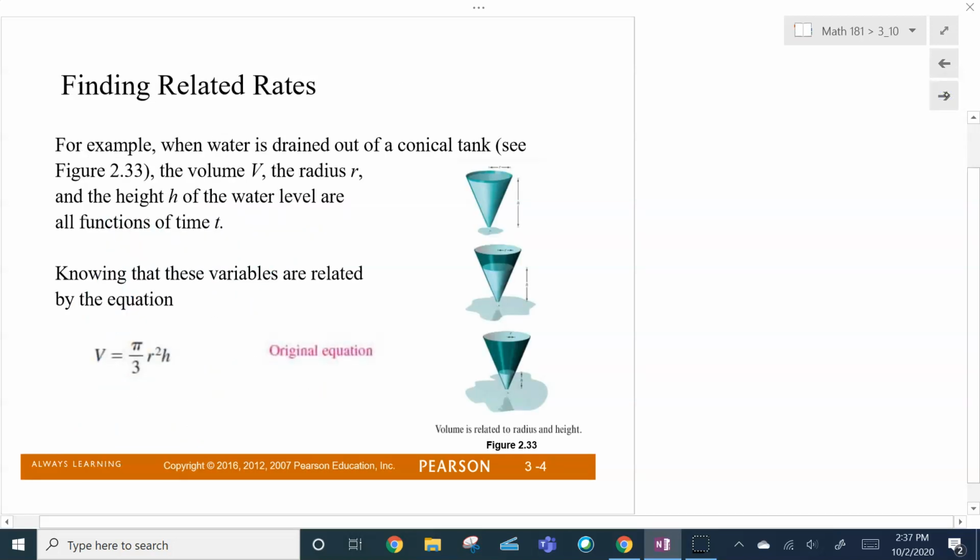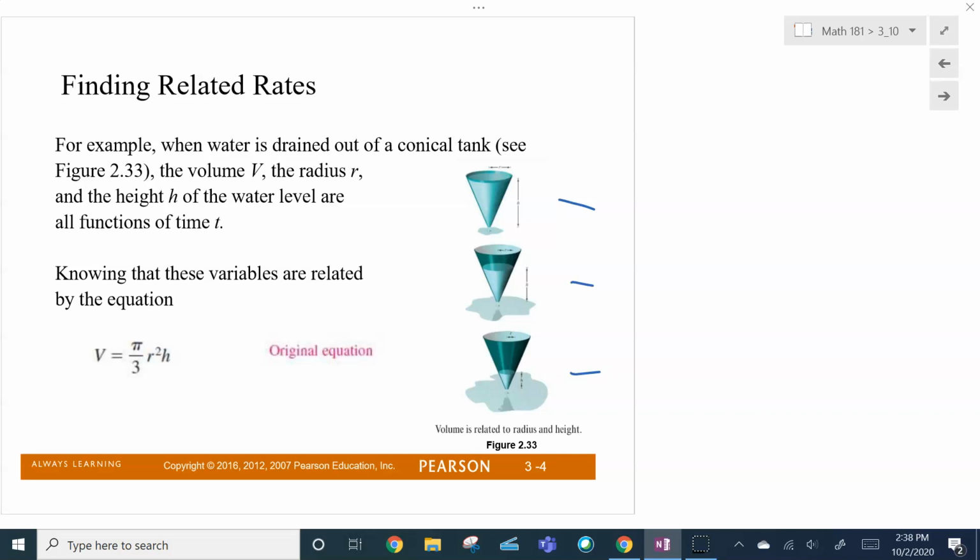Let's do another one here. We're going to do this one orally, and then we'll work out a couple more. When water is drained out of a conical tank, you can see the water being drained as the height changes as time goes on. So the volume would be pi thirds times r squared h, depending on what the height is at however much time has passed.